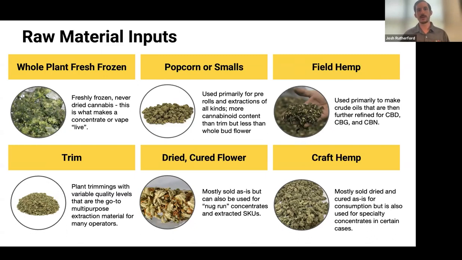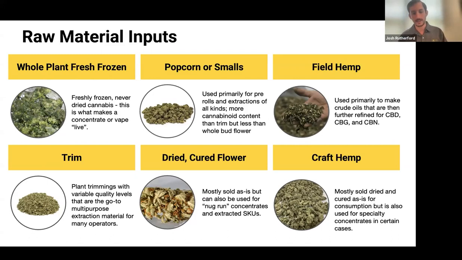But what you're going to do with whole plant fresh frozen is you're going to basically take off all the fan leaves. Once you take off all of the fan leaves, you're going to end up keeping all of those crystals. You're going to chop the plant down, whether or not you did that before removing the fan leaves. And then you're going to stick it directly into maybe a blast chiller to get that freeze right away.